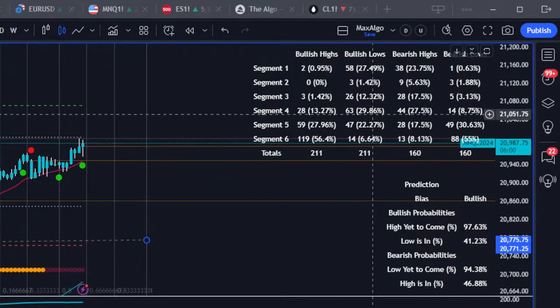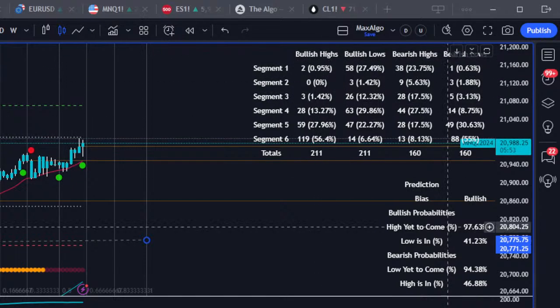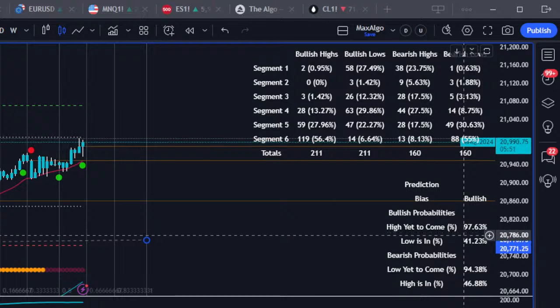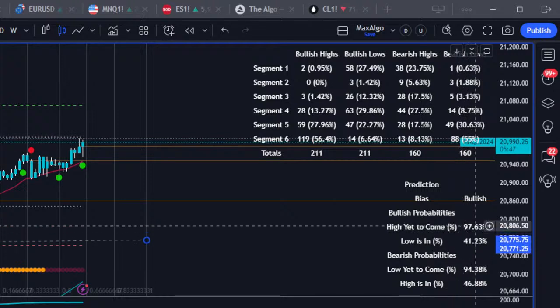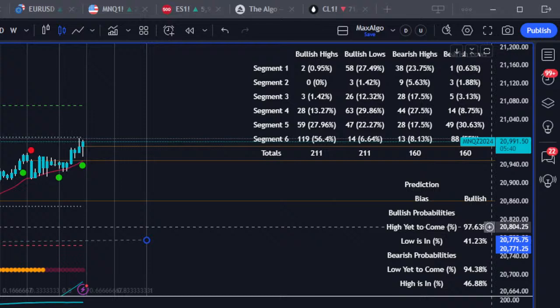There's our data. But look at our highs. 97% probability of higher price action if we're going to be bullish. 97%.